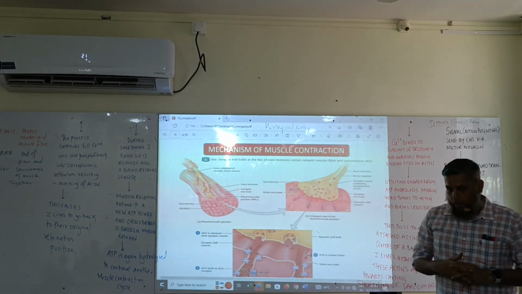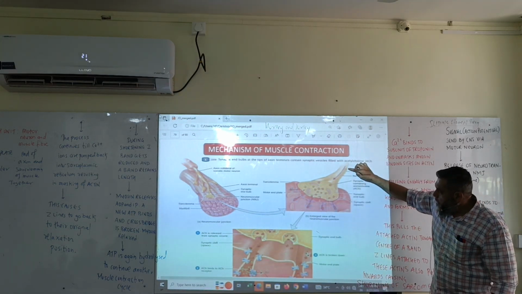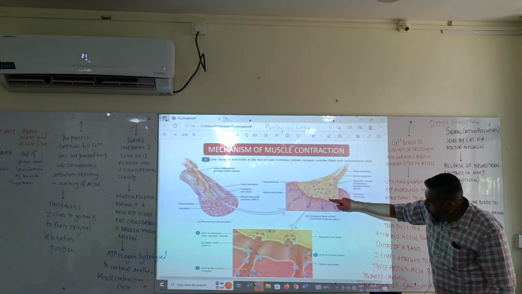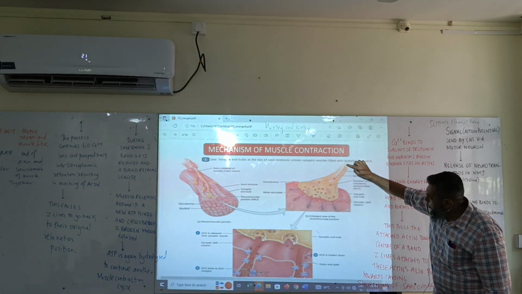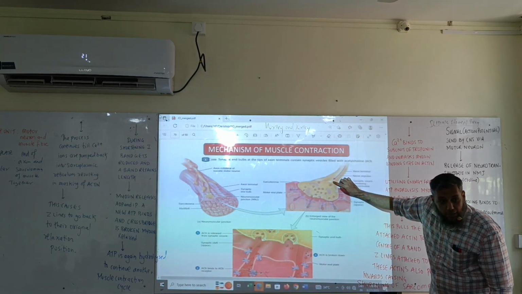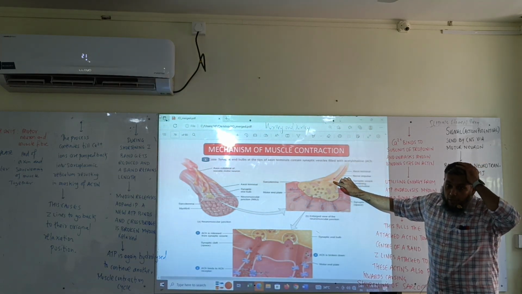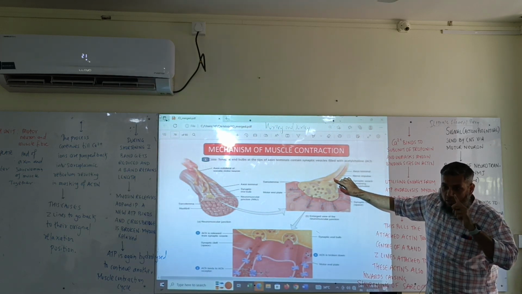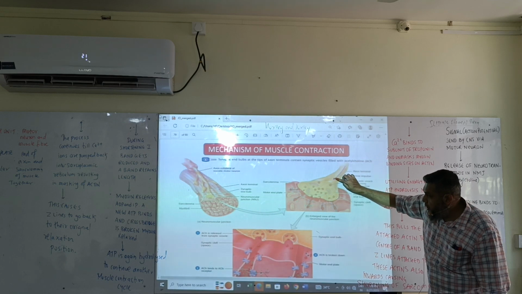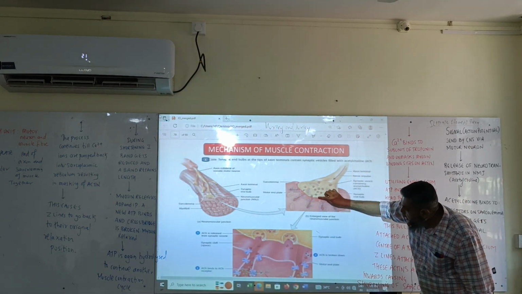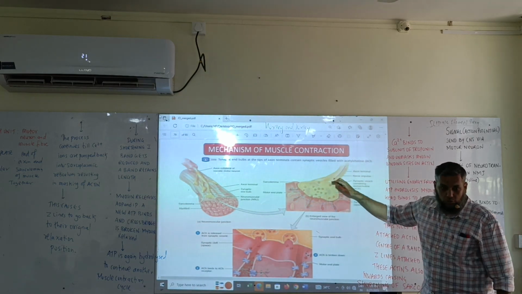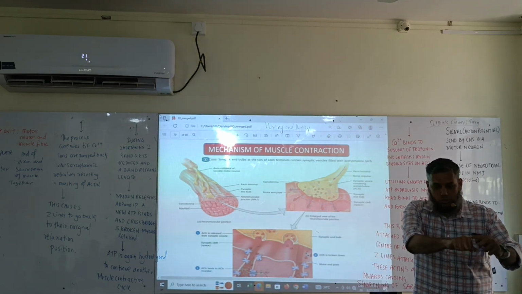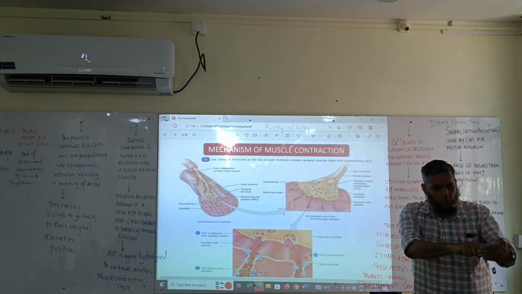Look at this. Who is this? Axon. This is the axon knob. An action potential came. From where? From the brain. From which area of the brain? Motor areas. So can I say the central nervous system motor areas are sending an action potential, and the action potential reaches the axon. Look at my right hand. What is it having? Action potential. But does it reach the sarcolemma?